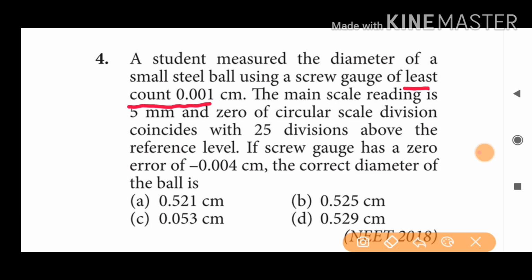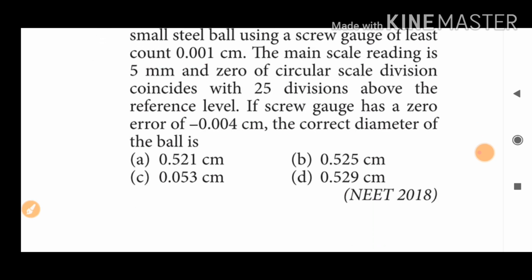Main scale reading is 5 millimeter, and the zero of circular scale division coincides with 25 divisions above the reference level. If the screw gauge has a zero error of minus 0.004 centimeter, the correct diameter of the ball is. This question is from NEET 2018.